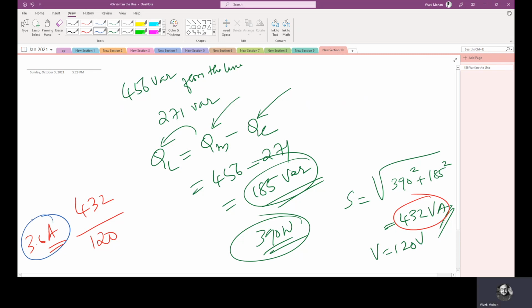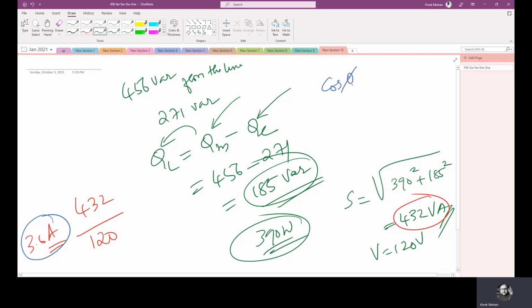So by placing the capacitor in parallel with the motor, there is a big improvement because the line current is smaller, and the operation of the motor has not changed because the motor is loaded at the same level. It is taking the same load, but the current drawn from the source is reduced. So what is the updated power factor of the line?